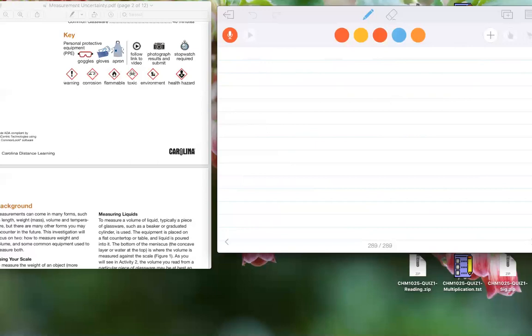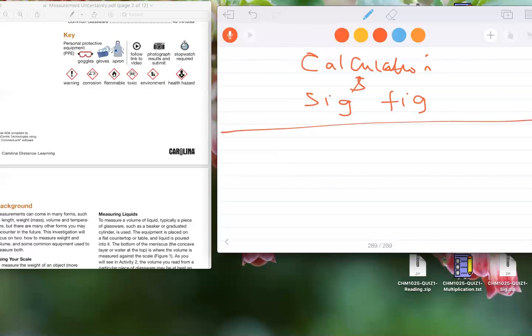I want to just move to calculation and significant figures. When you carry out some calculation with your calculator, you'll end up with more than the required digits to express your number.